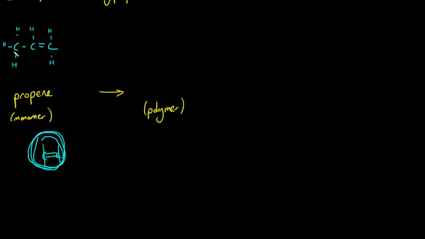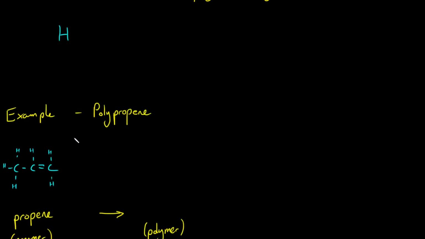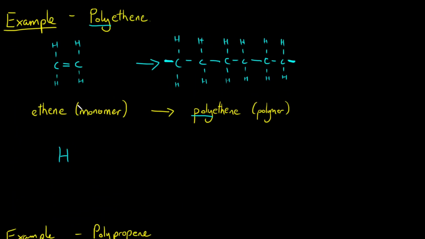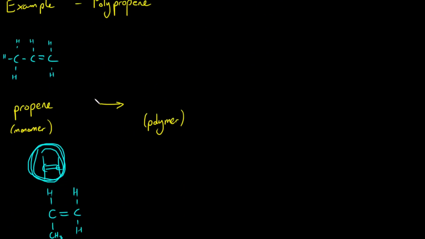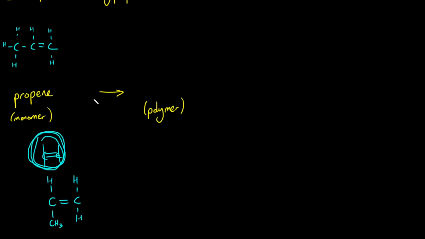So instead of drawing out propene like this, where I've got this methyl part at the end sticking out to the left, if I just draw it coming down like this, it looks a little bit more like an H. It looks a little bit more like the ethene monomer that we used before. And that's the easiest way for drawing out these polymers from monomers.